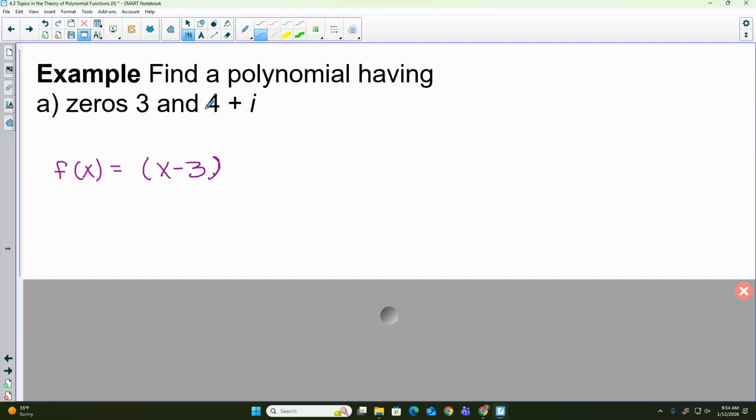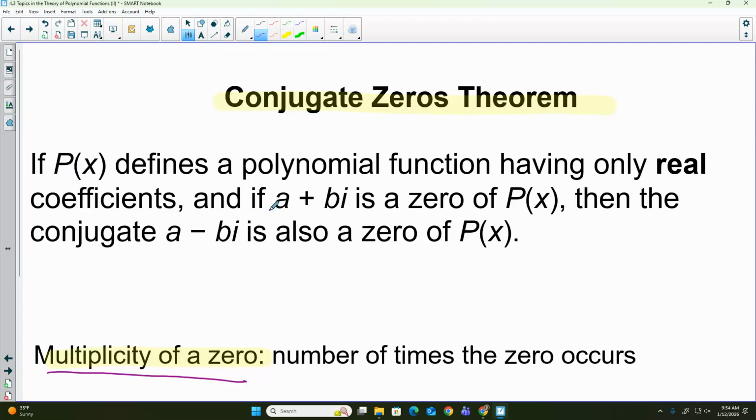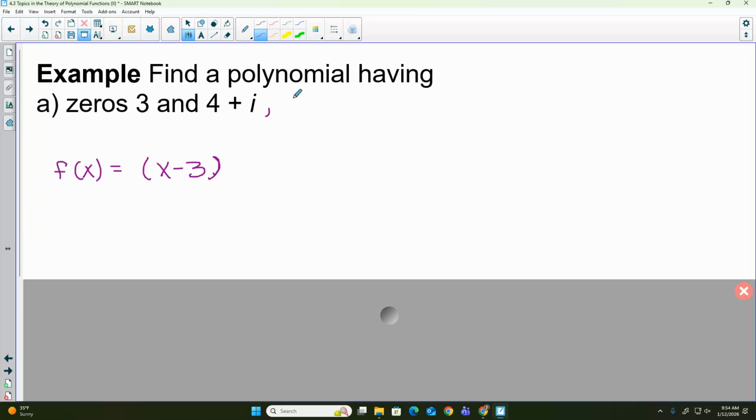Okay, I only gave you 2 zeros. But if 4 plus i is a zero, what else has to be? We just said if you have one imaginary zero, the conjugate will also work. So if I told you 4 plus i works, we know 4 minus i is also going to work.